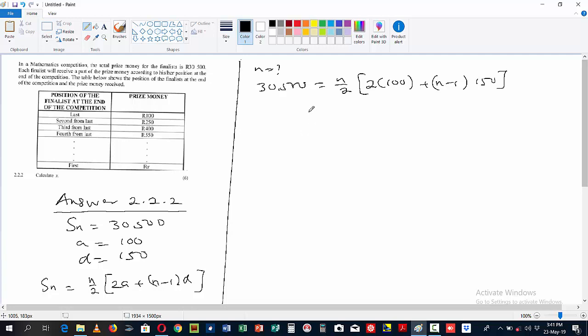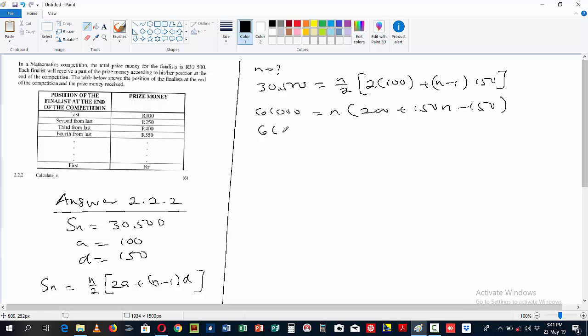So we need to multiply both sides by 2. So we are going to have 61,000 equal to n into 200 plus 150n minus 150.